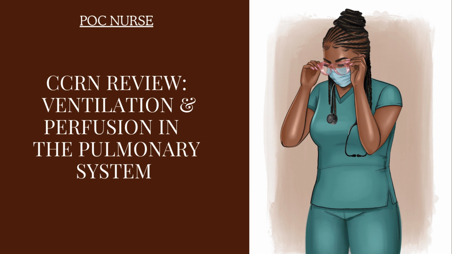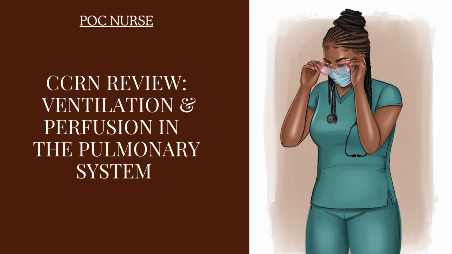So for air to be in the alveoli, we need normal ventilation, movement of air from the atmosphere through the nasal passages all the way down to the alveoli. So essentially, for gas exchange to occur, there needs to be ventilation and there needs to be perfusion.